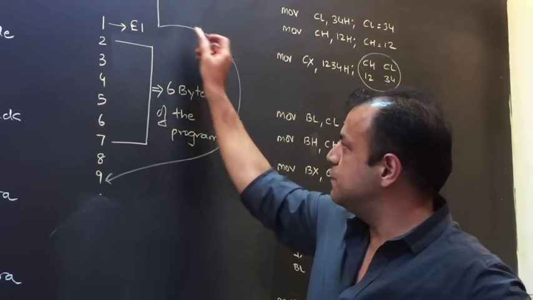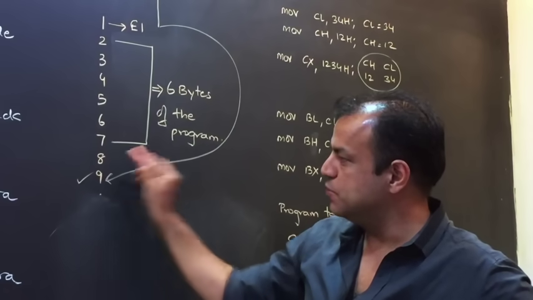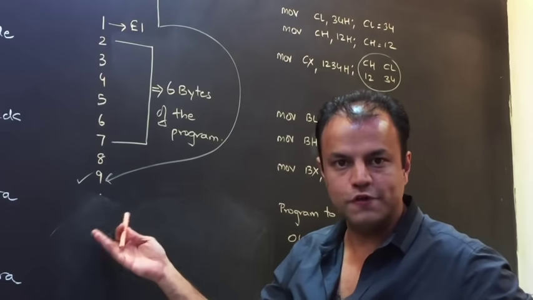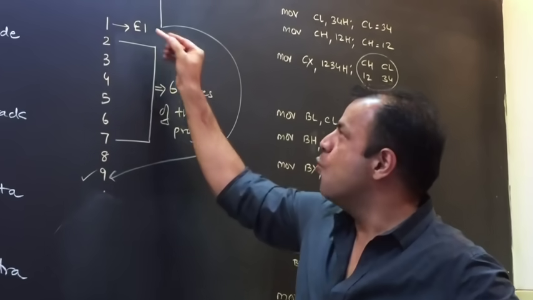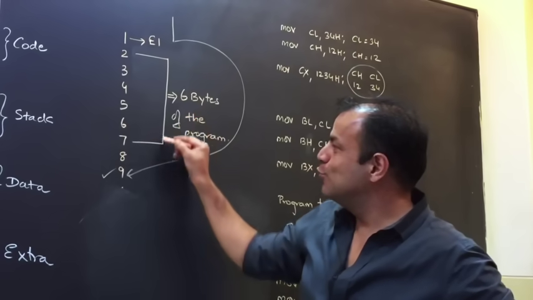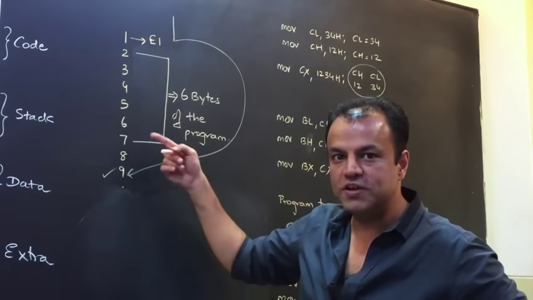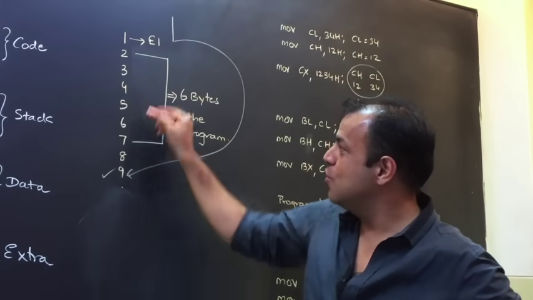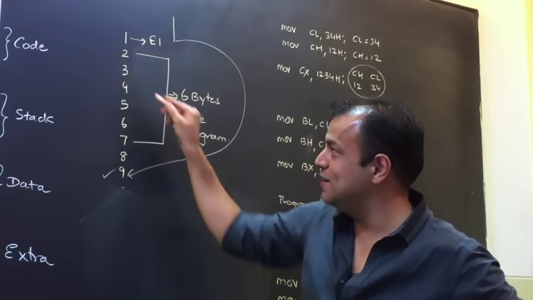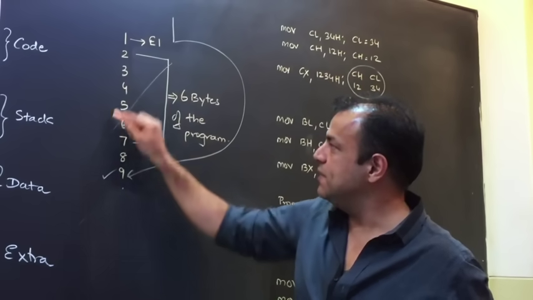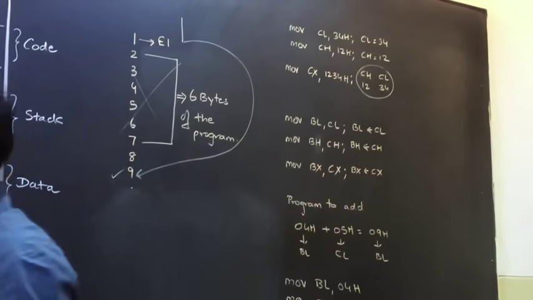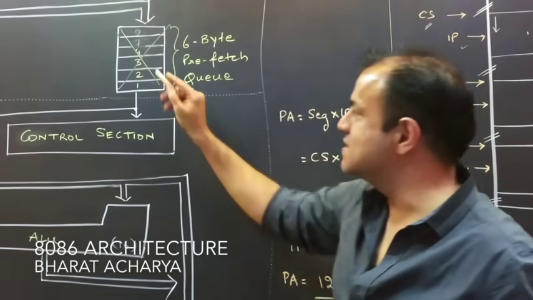Now, after the first instruction, who should be executed? You're right, 9th, because the first instruction has jumped. But while the first was being executed, 2 to 7 were already present in the queue, assuming the program will go in a sequential manner. Since we have taken a jump, all these instructions are now valid or invalid? They are invalid. That means the instructions which have been fetched in the queue have to be discarded.